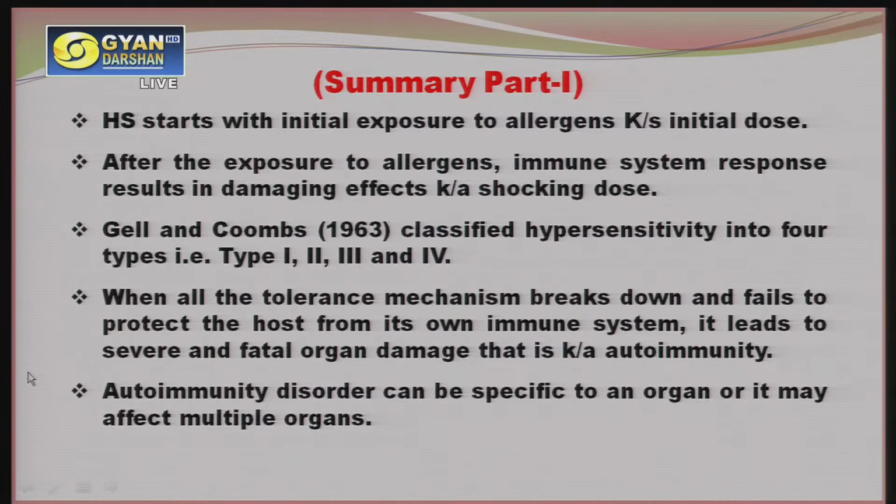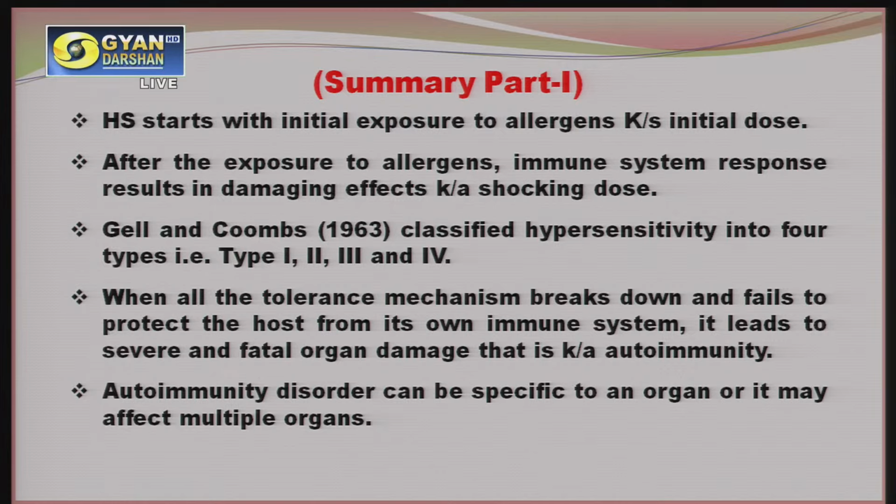Dear learner, I want to summarize my part first. Hypersensitivity starts with the initial exposure to the allergen, known as the initial dose. After exposure to the allergen, the immune system response results in a damaging effect known as the shocking dose. Gell and Coombs in 1963 classified hypersensitivity into four types: type 1, type 2, type 3, type 4.